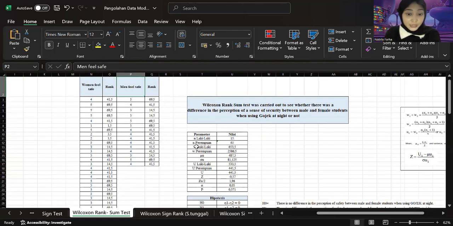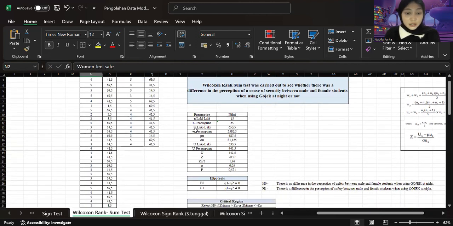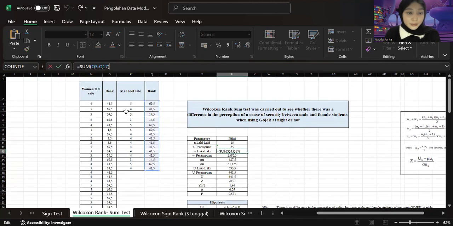For the N2, we use the data that has the big sample size, which here is the women. After that, we need the Wilcoxon parameter for the men and women by summing the ranks of the men who feel safe and the women who feel safe.